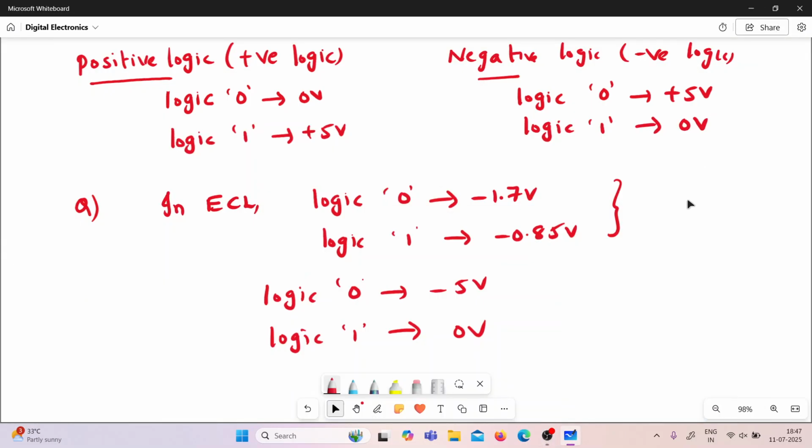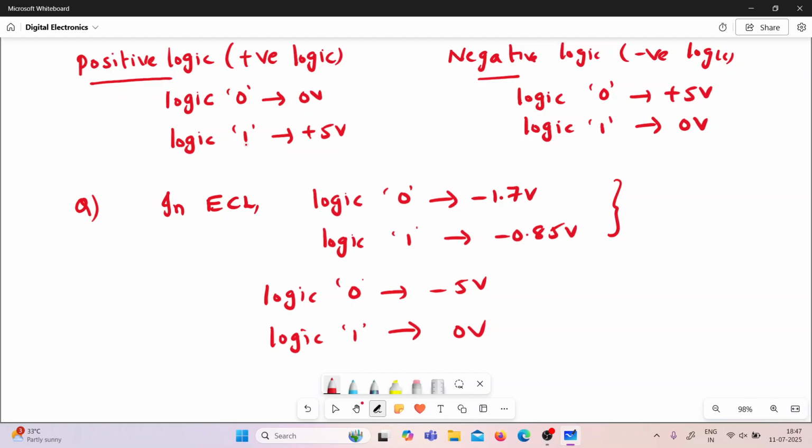So hi students, now we will discuss another topic in digital electronics, which is positive logic and negative logic. Here, positive logic means we apply 0 volts for logic 0 and +5 volts for logic 1.